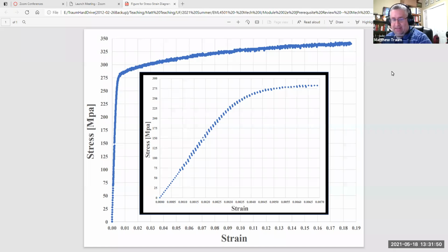And the way, at least that I've seen this done, and you guys might have something more sophisticated than I do, is something called the 0.02% offset. Because there's a little bit of, is the yield point here? Is it here? Is this really in the plastic region? It's not entirely clear where that cutoff is.